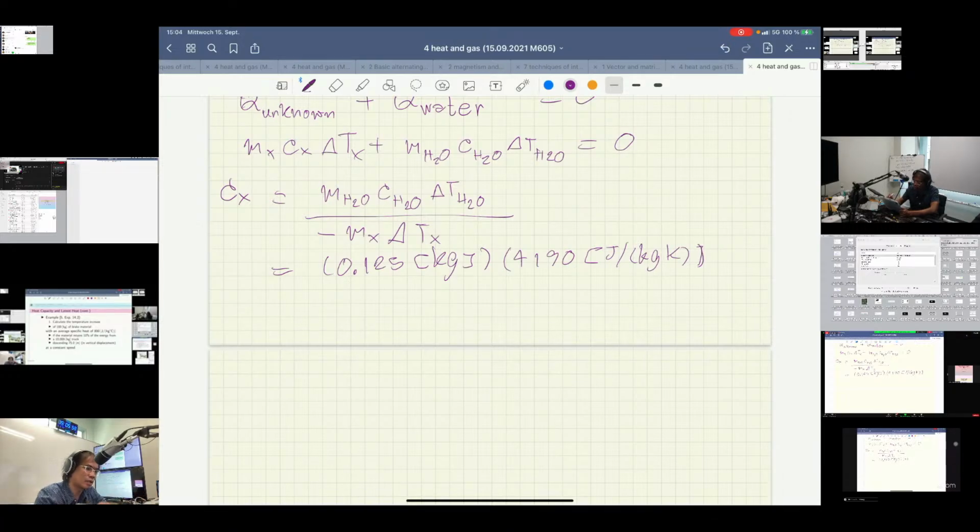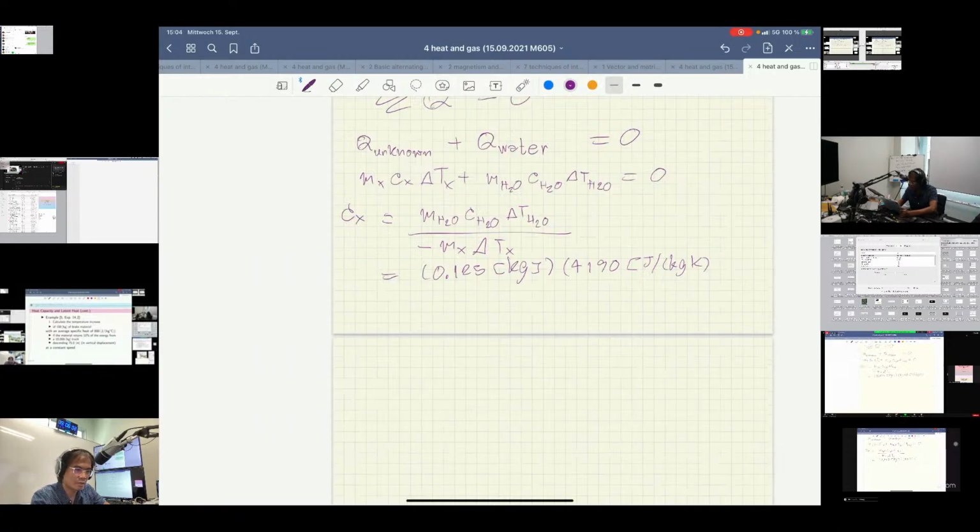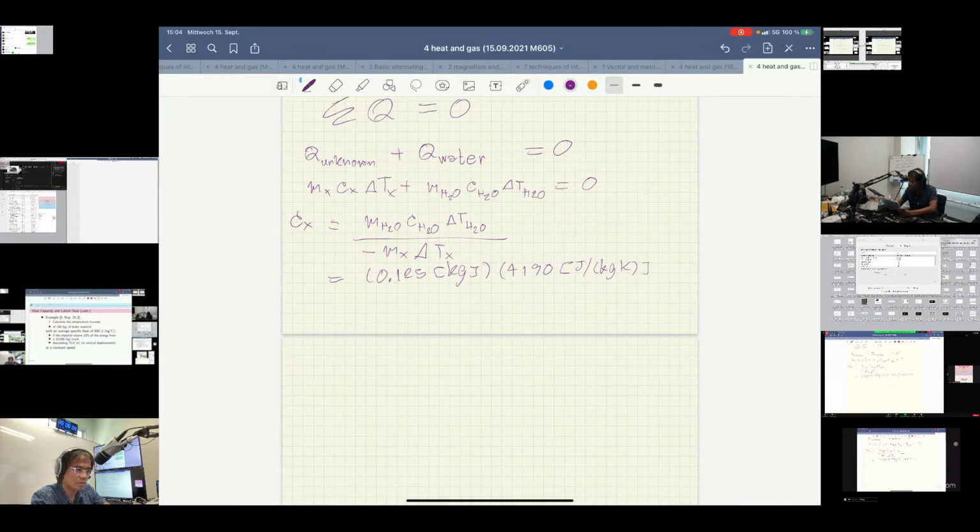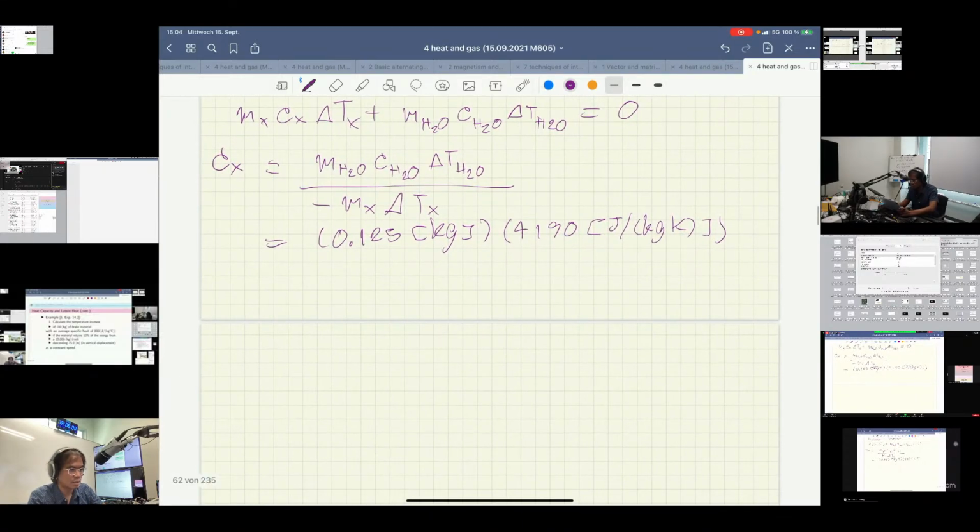Joule per kilogram and Kelvin, right? And we don't have enough space.